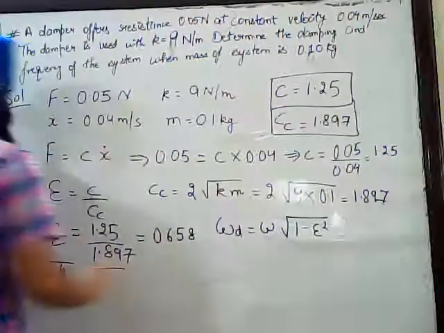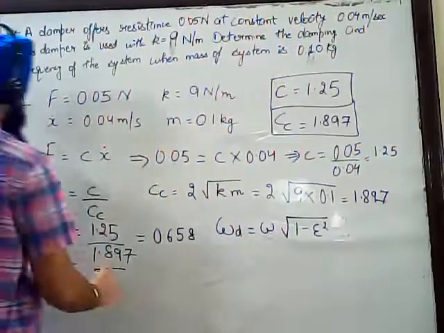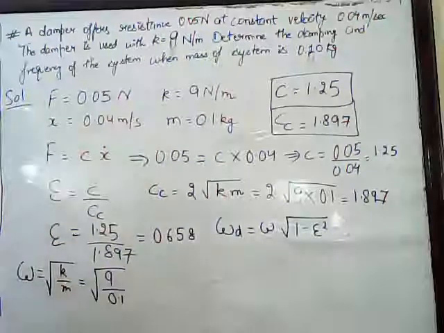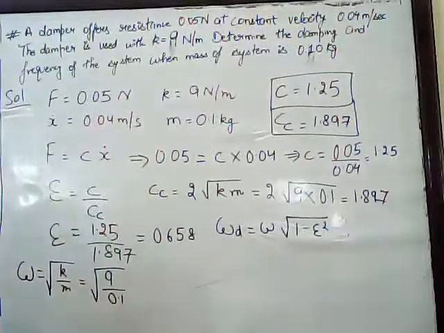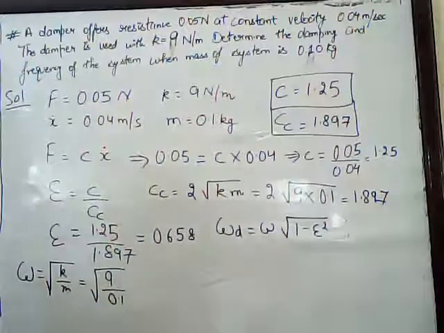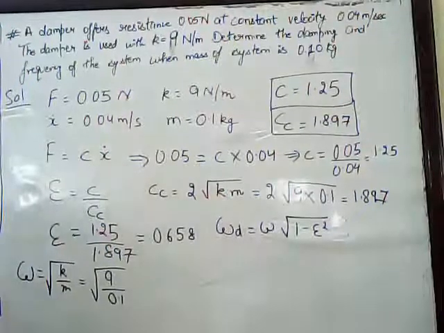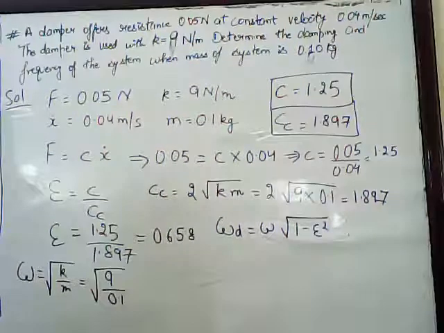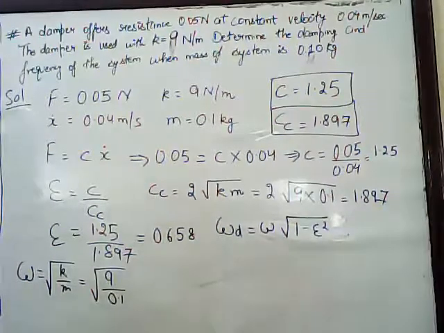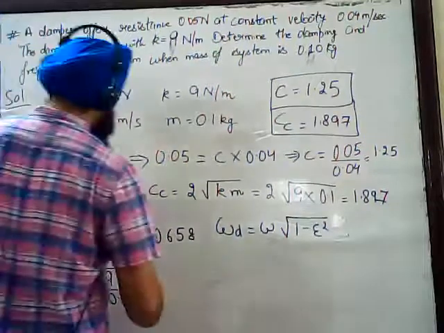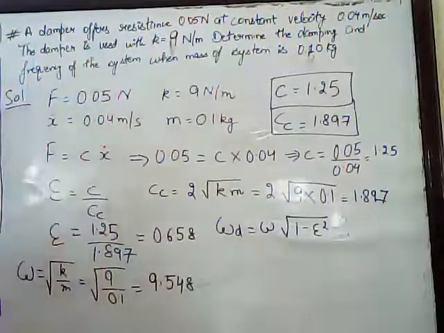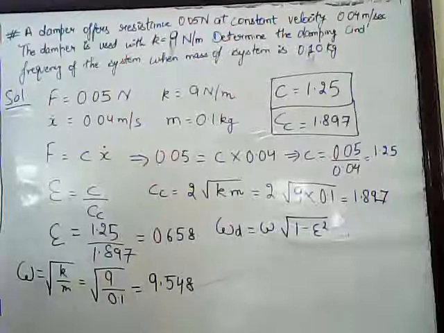So this will be equal to under root of 9 divided by 0.1. The value of omega is 9.548.